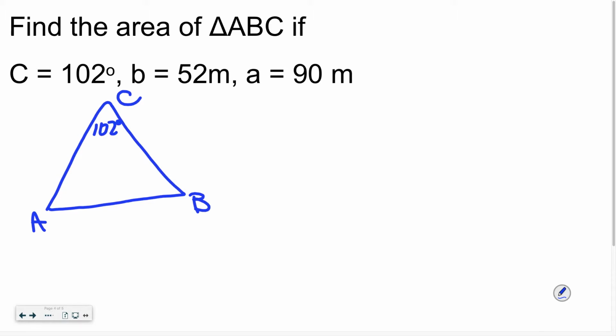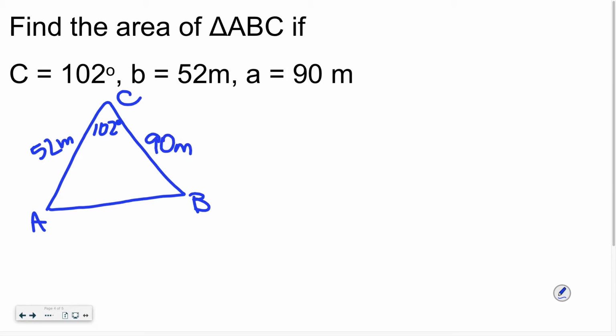Obviously, my triangle isn't even close to accurate, but I don't care. I just want a visual of where the sides and angles are. Side B is 52 meters, and side A is 90 meters.